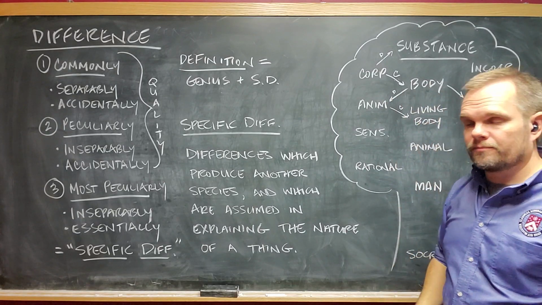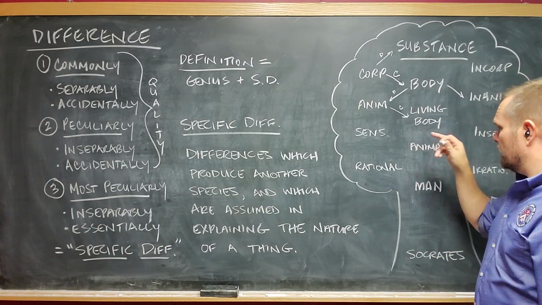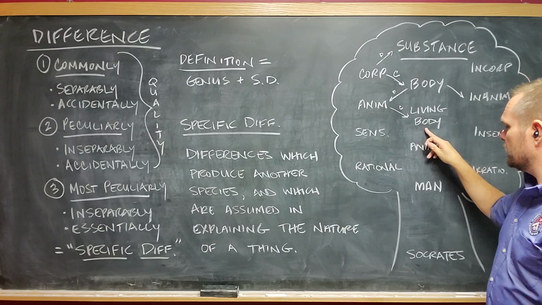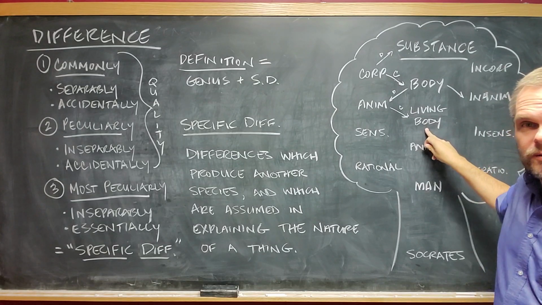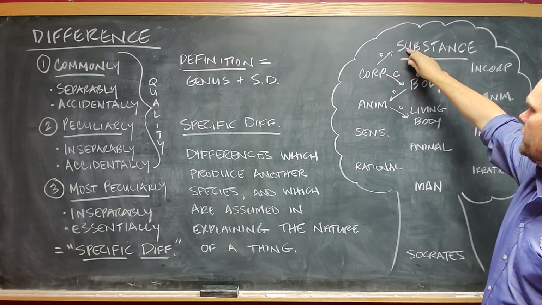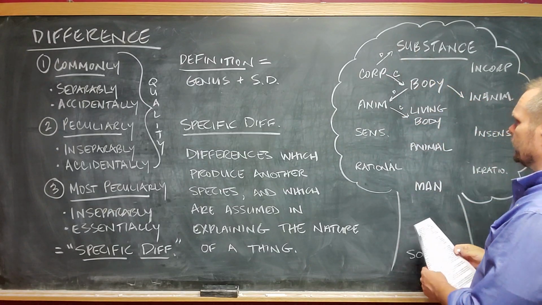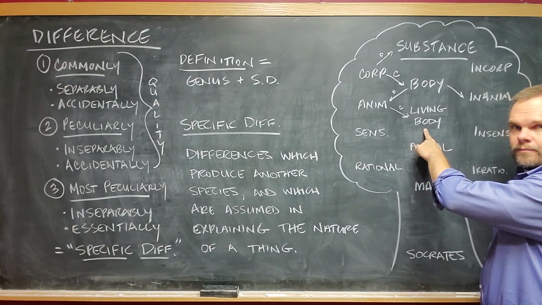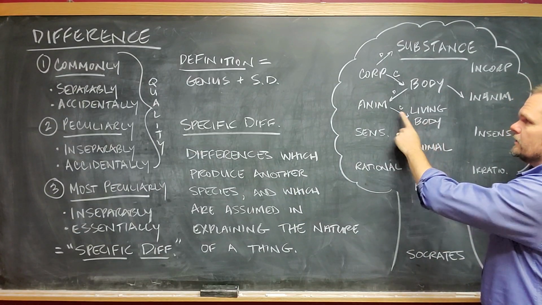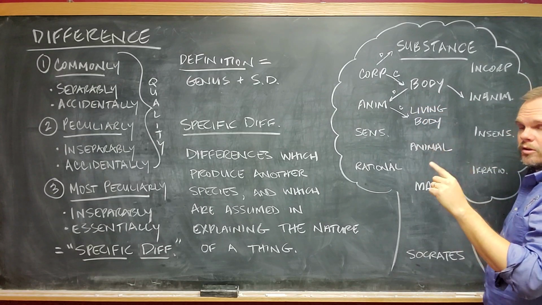Now watch this. I can also describe some item on this tree by walking through its differences back up to the most general genus. So if I asked, what is a living body? A living body is an animated body. That's a definition. But watch what I can also do.